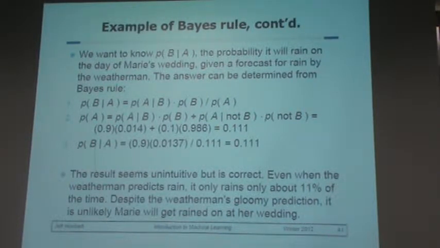That is the power of the Bayesian. Even though we do not know that value, the posterior probability, we can derive the posterior probability using likelihood and the experience. And that is 11 point something. It's not like 10% or 90%, because the weatherman is not always correct.